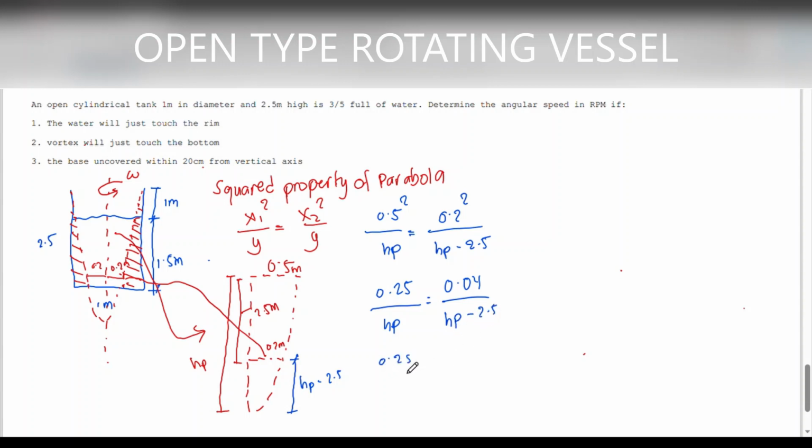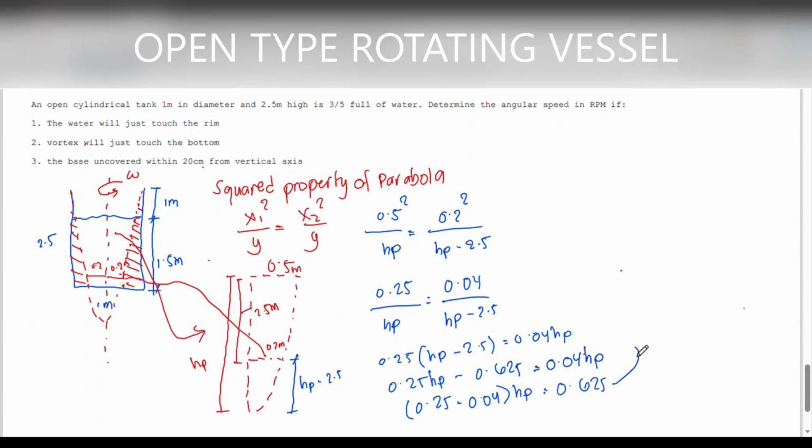So by cross multiplying, 0.25 multiplied by height of paraboloid minus 2.5 will be equal to 0.04 height of the paraboloid. So 0.25 height of the paraboloid minus 0.625 will be equal to 0.04 height of the paraboloid. Transposing this value, 0.25 minus 0.04, 0.21 height of the paraboloid is equal to 0.625.